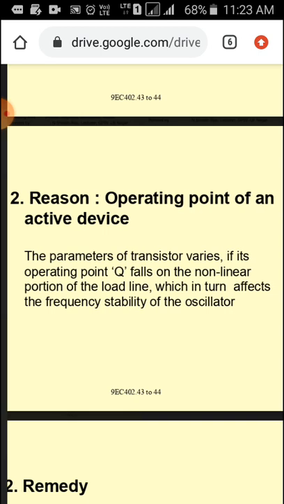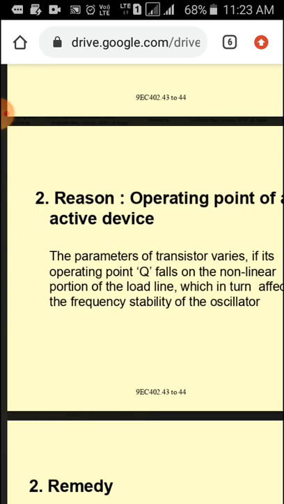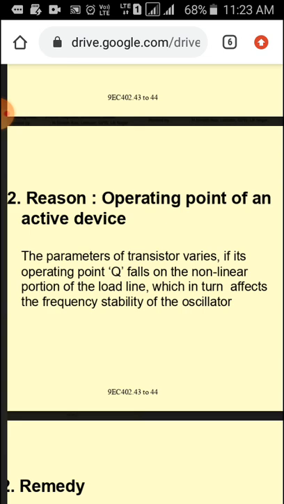Reason 2: operating point of an active device. The parameters of the transistor vary if its operating point Q falls on the nonlinear portion of the load line, which in turn affects the frequency stability of the oscillator.